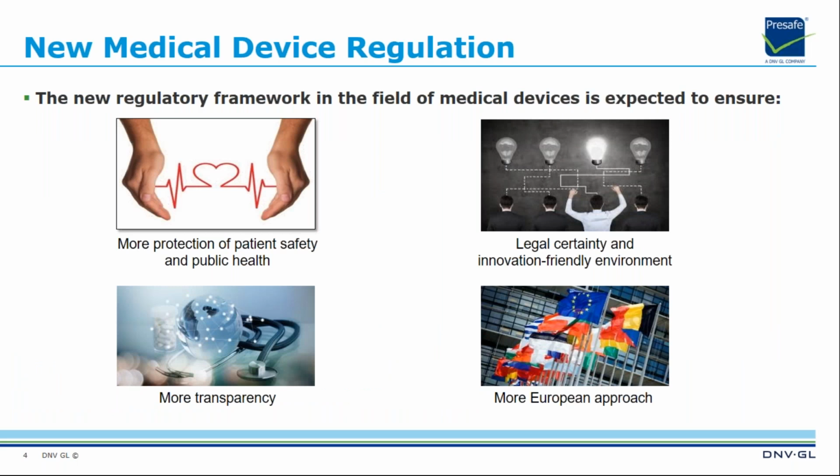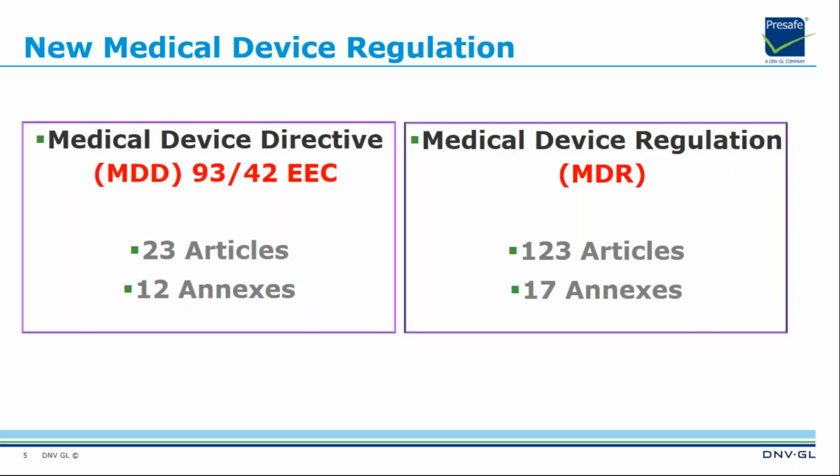A new regulatory framework in the field of medical devices is expected to ensure more protection of patient safety and public health, legal certainty and an innovation-friendly environment, more transparency and a more European approach.